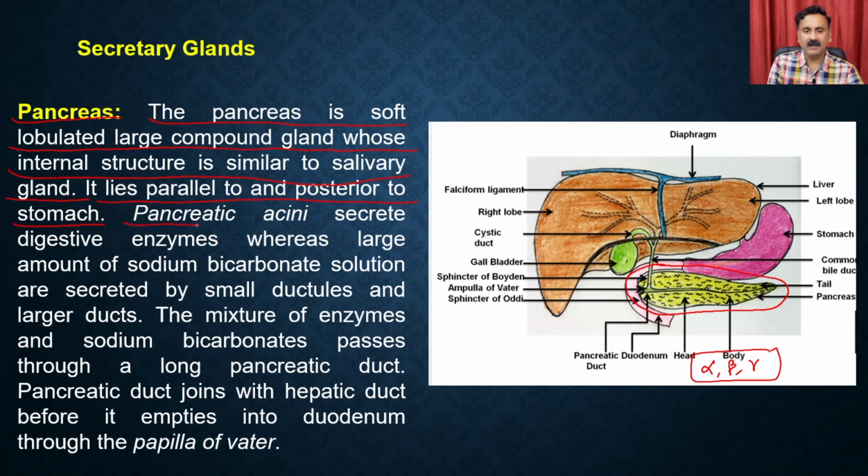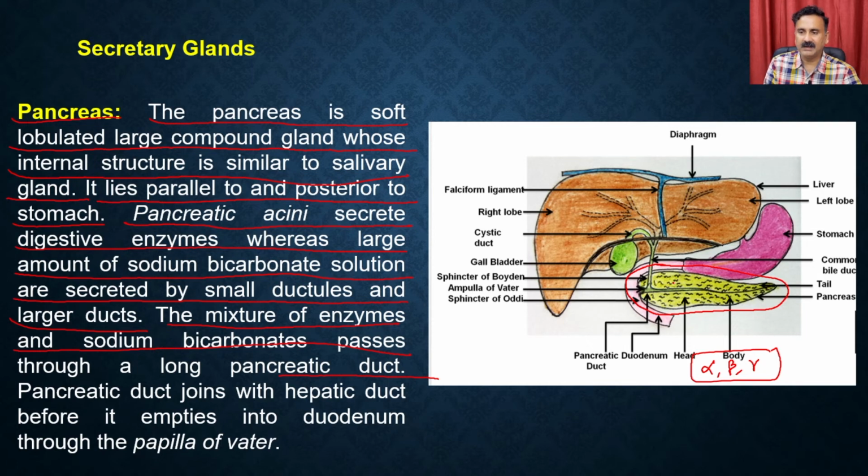The pancreatic acini secrete the digestive enzymes, whereas large amounts of sodium bicarbonate solution are secreted by the small ductules and the large ductules. The mixture of enzymes and sodium bicarbonate passes through a long pancreatic duct. What you see here is the pancreatic duct, right.